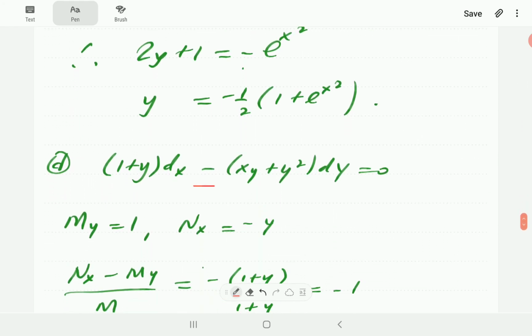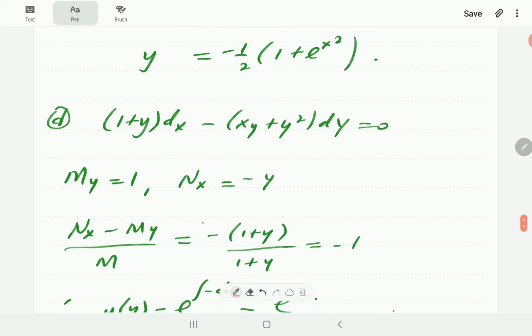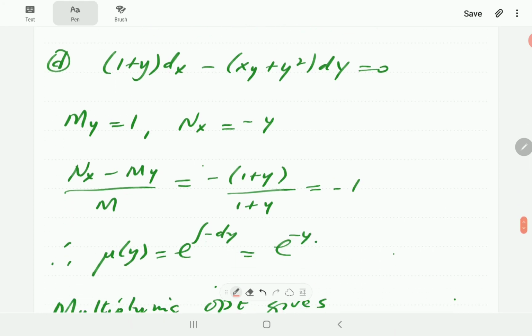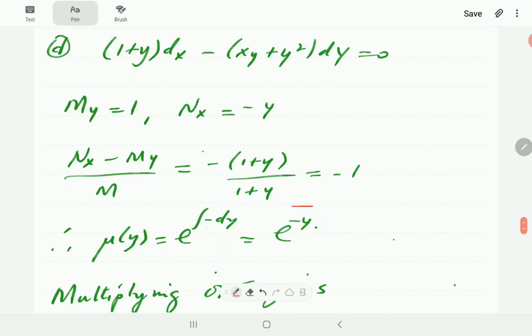Okay, and this one, it turns out that when you do this combination here, it's going to be a function of y only. Well, it's a constant, but that's as good as a function of y. So that means we can find an integrating factor of this type.